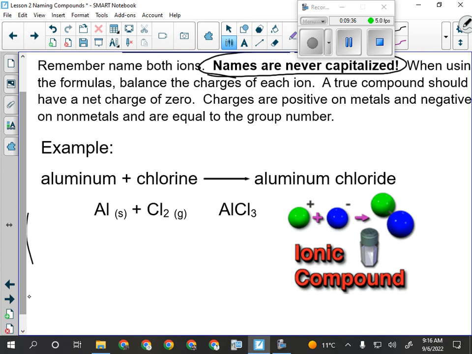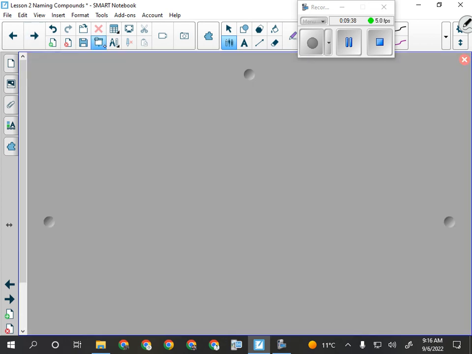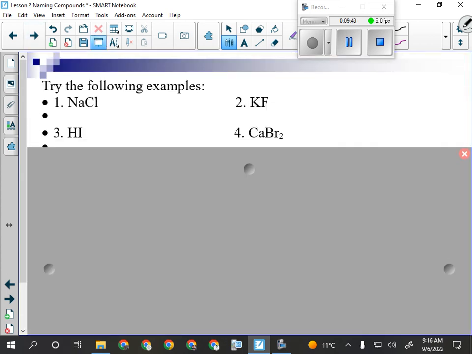All right, let's see how we do with a couple of practice ones here. See if you can write down for me the names of the first 4 on that list. All right, so the first one we already did, so that was kind of a giveaway. But if we're following the rules here, I name the metal first.